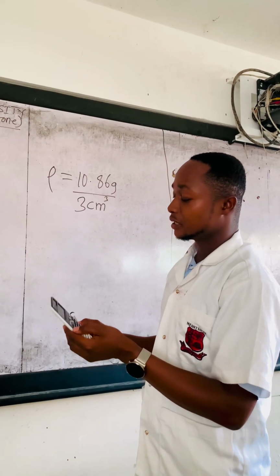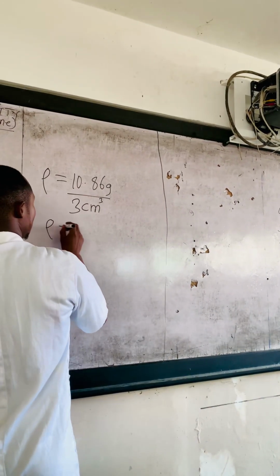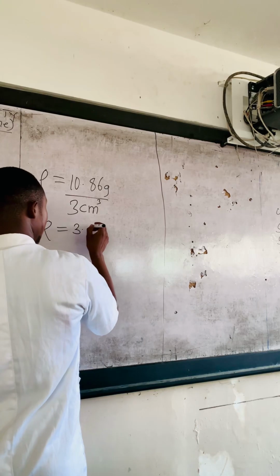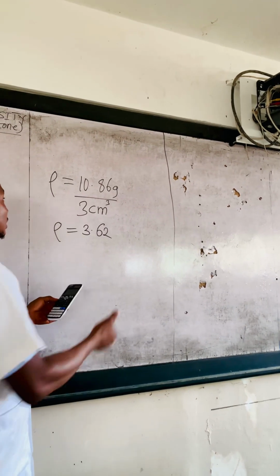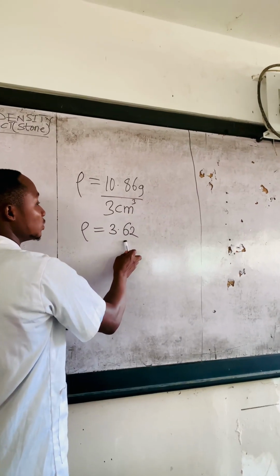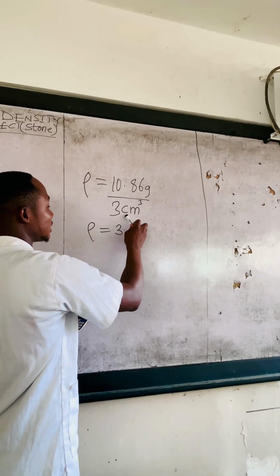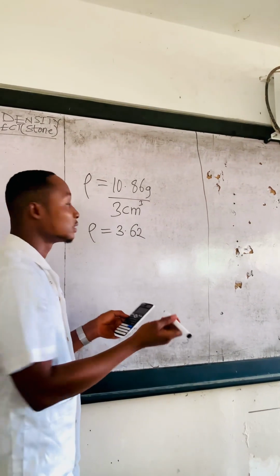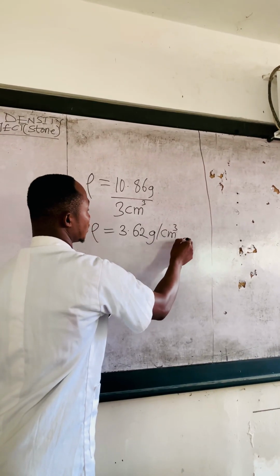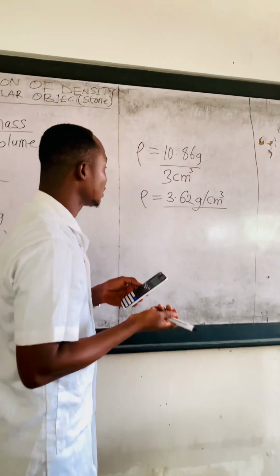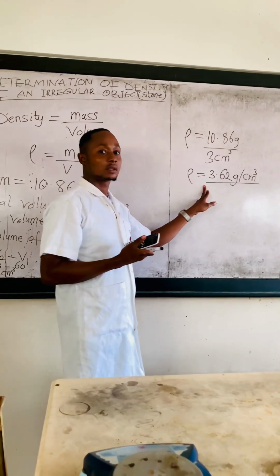Our answer here is 3.62. Density is equal to 3.62. From here, we attach the unit to the density that we have. Grams over centimeters cube. So it will be what, class? Grams per centimeters cube. So now this is our density of the irregular object, the stone. Thank you.